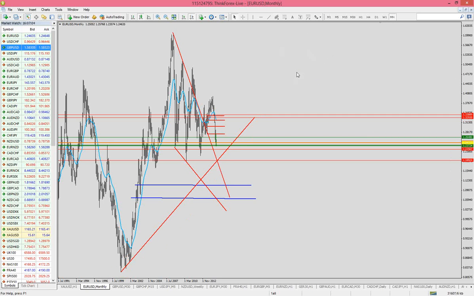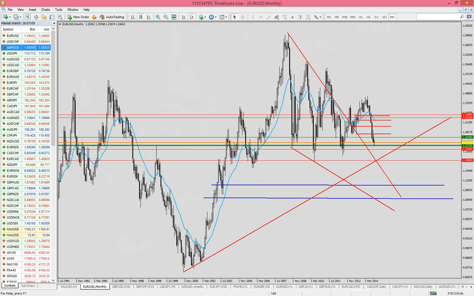And finally, this drop, the base, the rally allowed me to put the red line on the monthly chart, right?